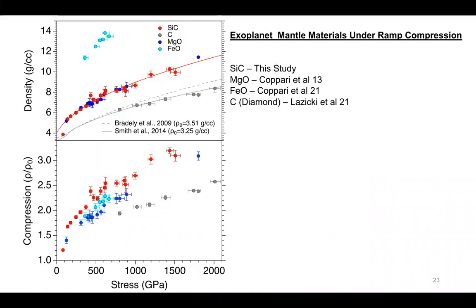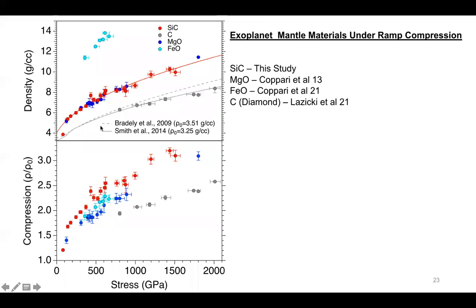So we're starting to get data on a number of exoplanet mantle materials, direct experimental data under ramp compression. In addition to Dong-Hoon's work on silicon carbide, in our work with Federica Coppari, she's produced data on MgO and also very recently on FeO. Amy Lazicki recently published equation of state X-ray of diamond out to 2 terapascals.